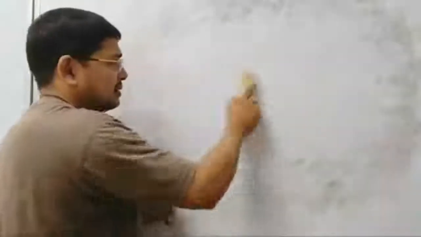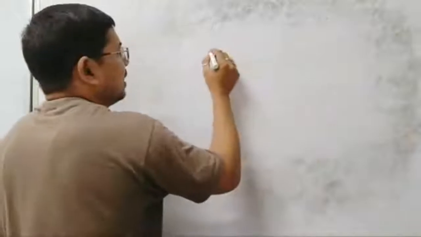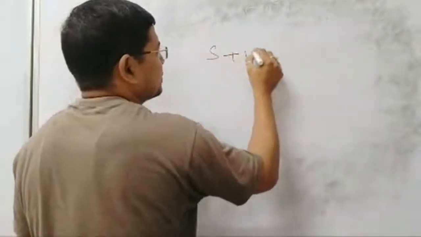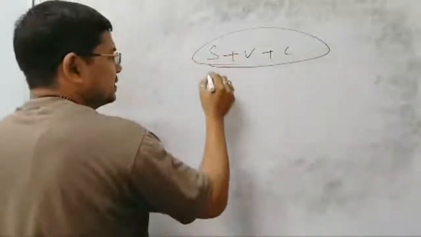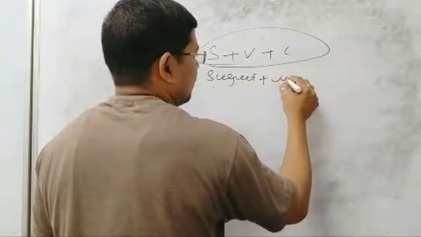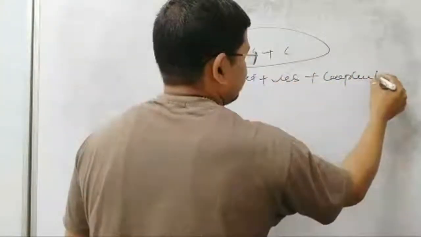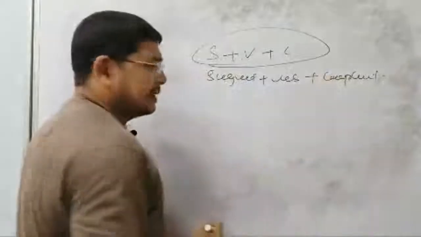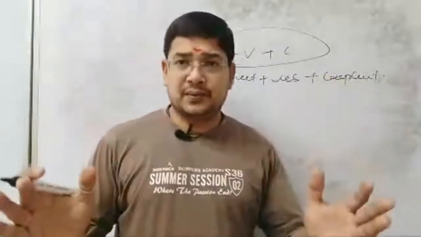Then structure number 3: subject plus verb plus complement. What is it? Subject plus verb plus complement. Normally in this structure we use the be verb.